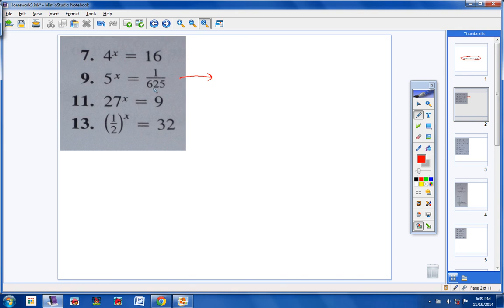Alright, let's see, 625 can be written with the base of 5. So 5 times 5 is 25, times 5 is 125, times 5 is 625. So 5 to the x power equals 1 over 5 to the 4th power, because 5 to the 4th power equals 625.